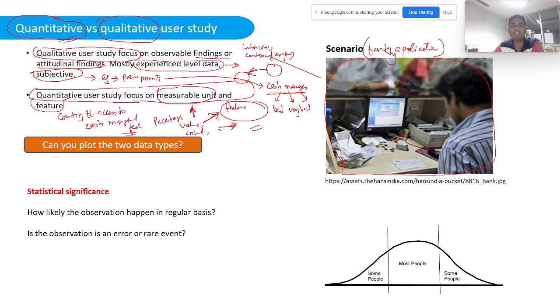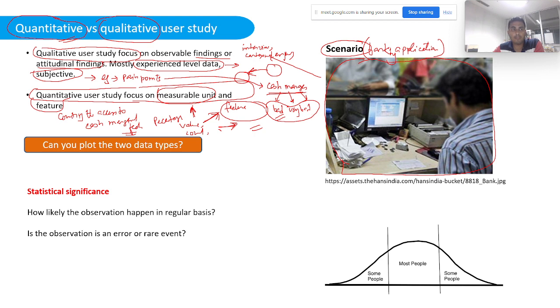See, the nature of the data is different. Though you are studying the same scenario, depending upon your inquiry, the nature of the data output is different. When you are looking for his experience or attitude about the use of the cash management feature, he will give data in the form of bad or very bad.